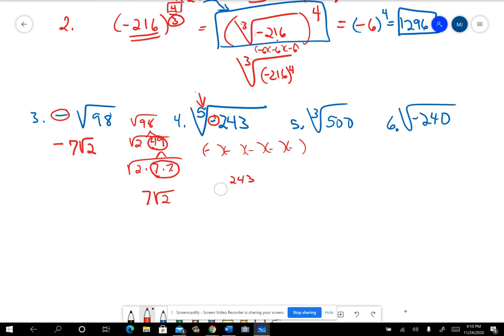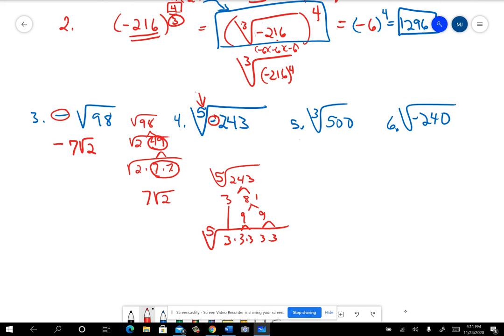All right, so usually I don't break down the -243, I just break down the 243. Let's see what happens when we do that. If we divide by 3, we get 81. Oh, this is going to be 5 3s. I'm trying to do the 5th root of that. I've got 5 factors, and that's what I'm looking for.